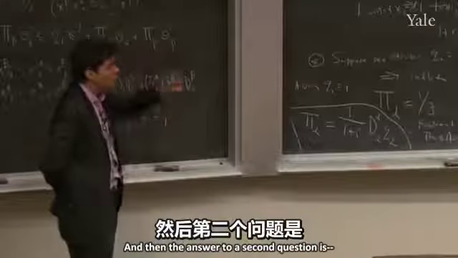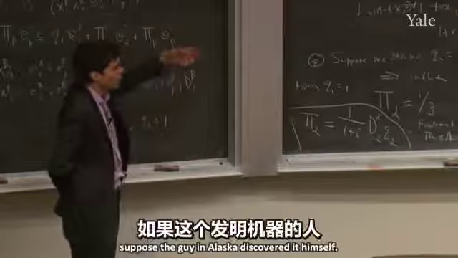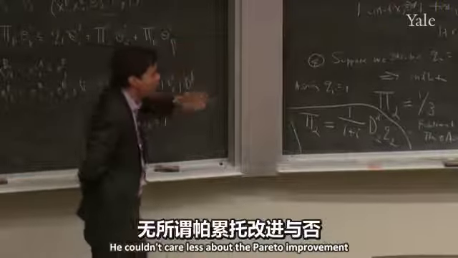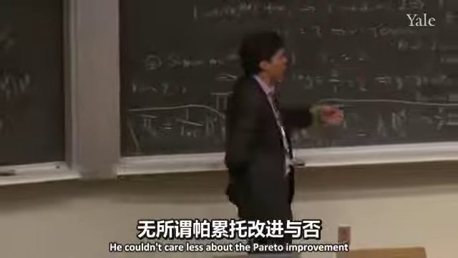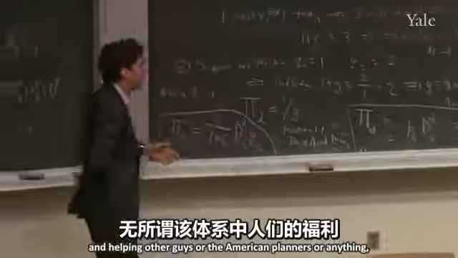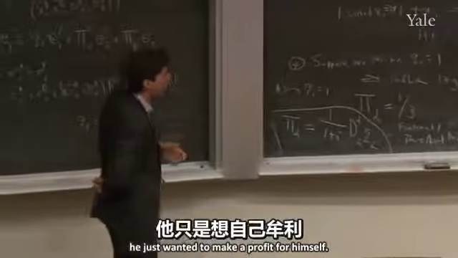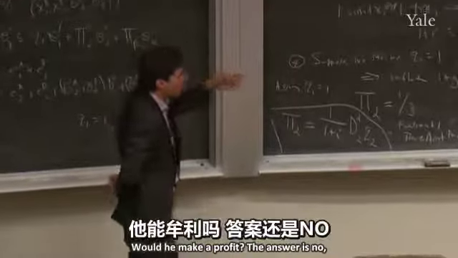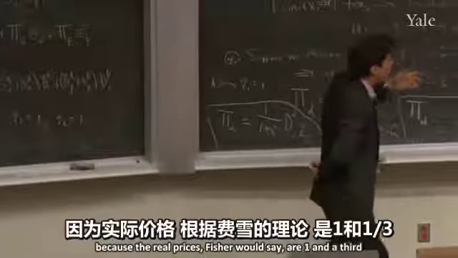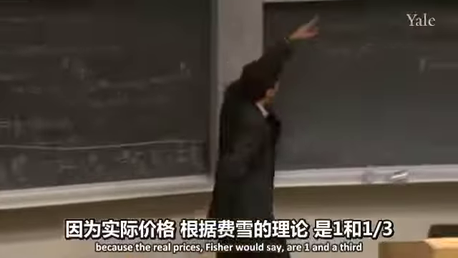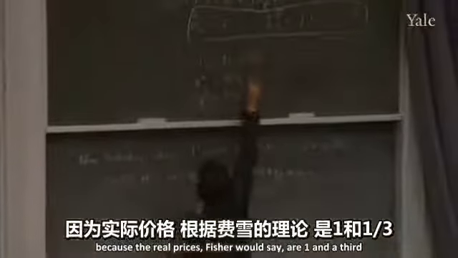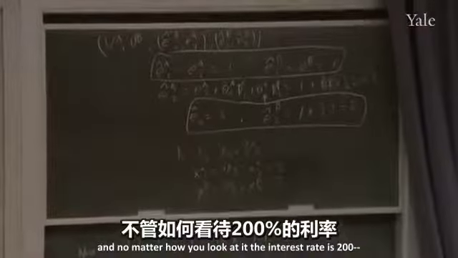And the second question is, suppose the guy in Alaska discovered it himself. He couldn't care less about the Pareto improvement and helping other guys or the American planners. He just wants to make a profit for himself. Would he make a profit? The answer is no, because the real prices, Fisher would say, are 1 and 1/3.